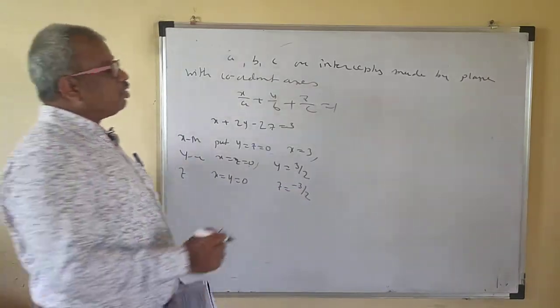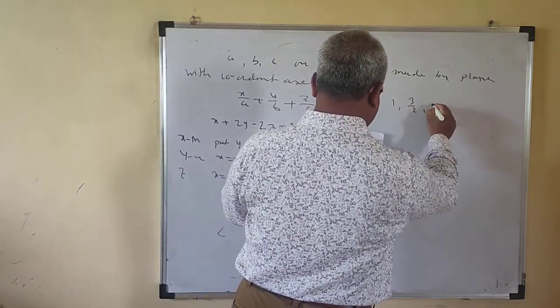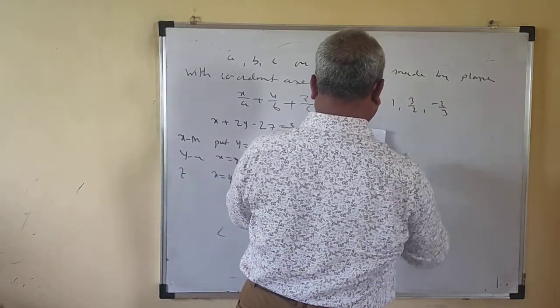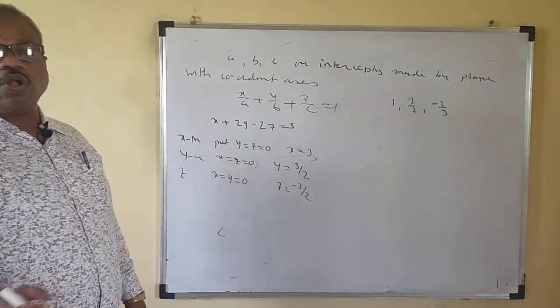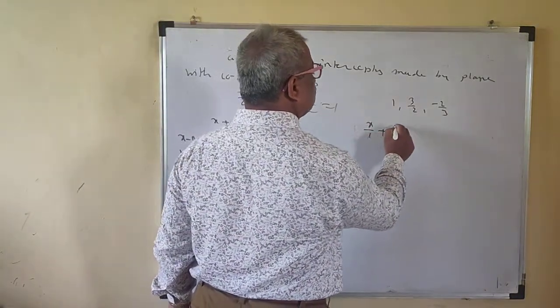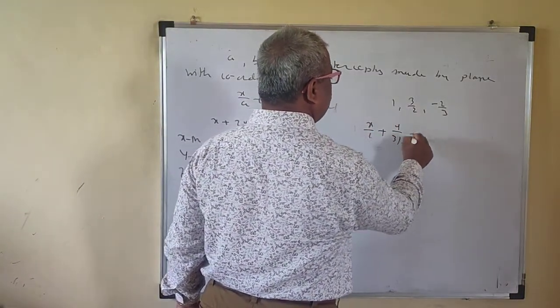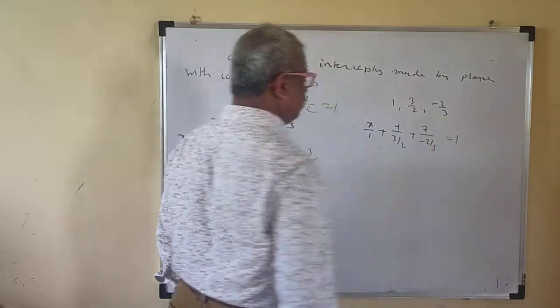Okay, so for the equation of a plane, suppose 1, 3 by 2 and minus 2 by 3 are the intercepts made by the plane, and you want to find the equation of the plane. This is x upon 1 plus y upon 3 by 2 plus z upon minus 2 by 3 is equal to 1.